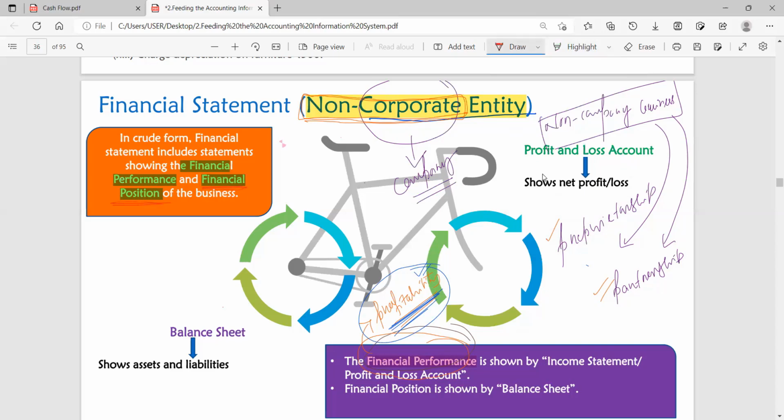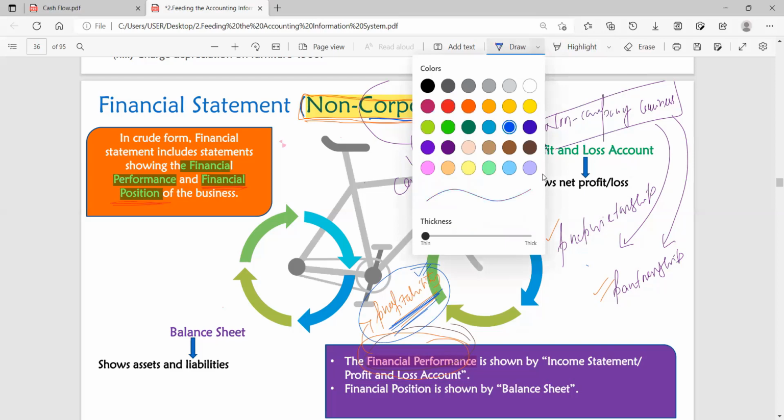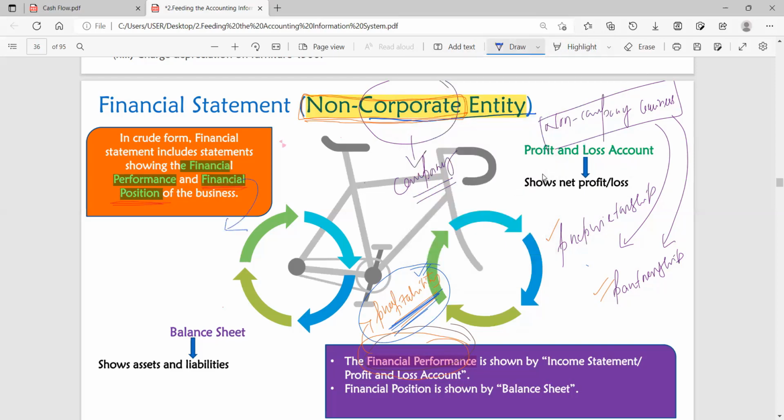When we see the financial position, generally we understand it by the resources of the business: how much resource is under the control of the business, how much resource the business is controlling.